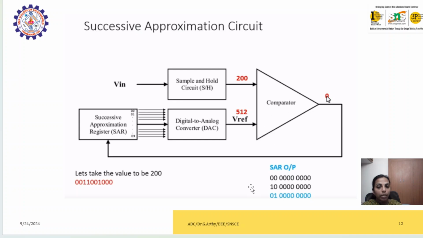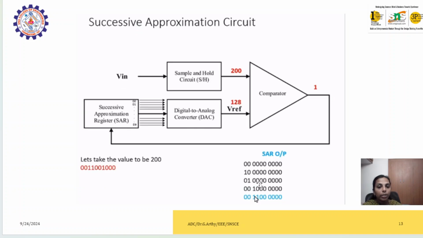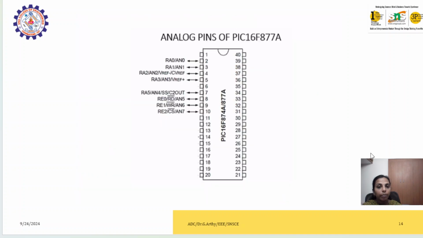Based on this comparison, the output of the comparator, the SAR will change its value. Here we have shown the different iterations. Based on the comparator value, whether it is 1 or 0, it is decided in the successive approximation circuit whether to change the next bit or the previous bit. So this is the general idea about analog to digital converters.